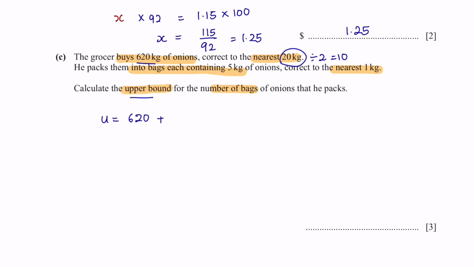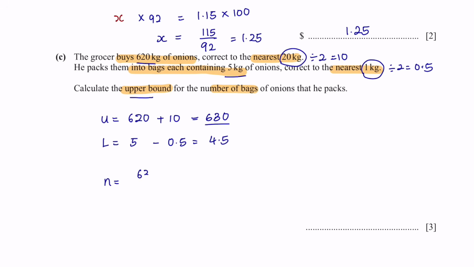So we're going to add 10. And for the lower bound, 5 kilograms take away half of 1 kilogram, which is 0.5, will give us 4.5. Now to calculate the number of bags, we're going to take the total mass divided by how much is contained in one bag, which is 4.5. This will give us 140 bags.